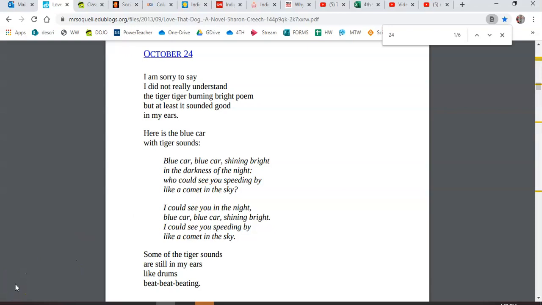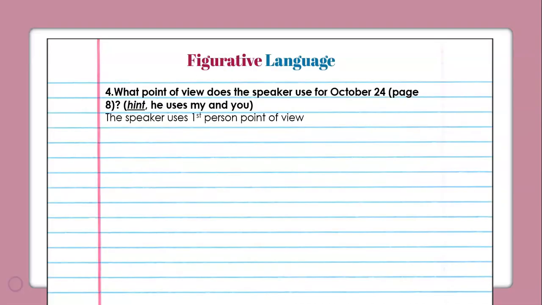So let's go ahead and go back and write that answer. So our answer, boys and girls, you're writing this answer here. It says the speaker uses first person point of view.